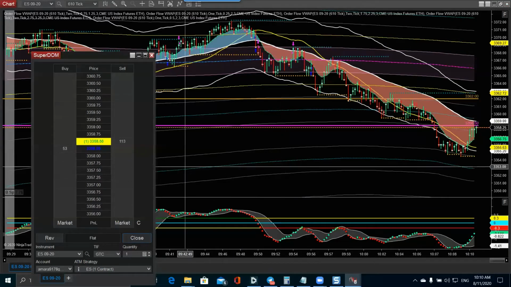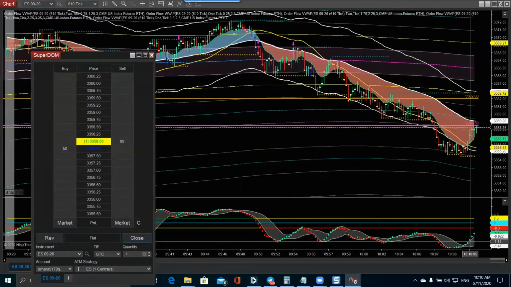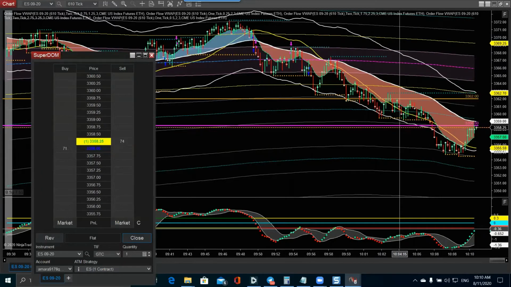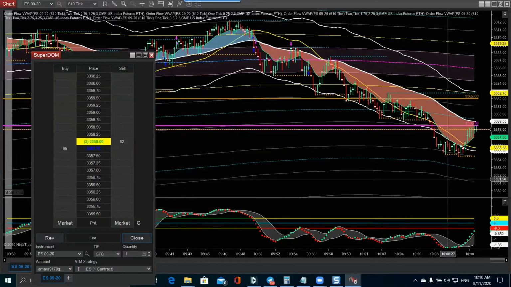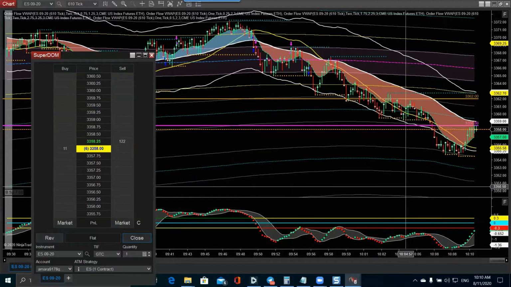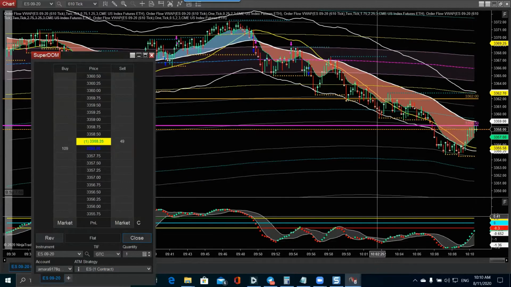Order cancelled. See this? We're getting strong momentum, so I'm just going to take that out for a minute. I want to see if there's going to be an overrun. You can see the spaces between the dots there.